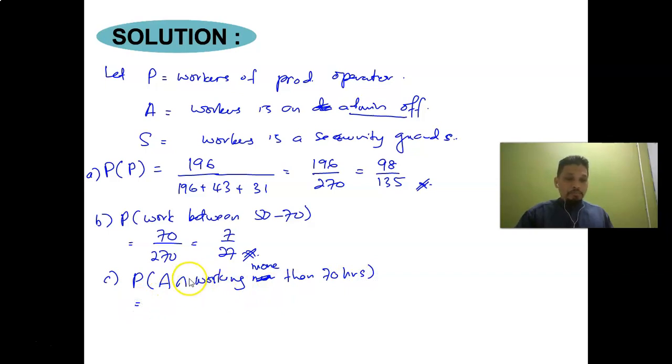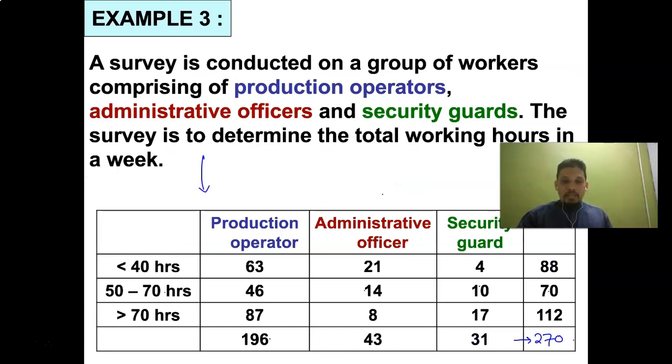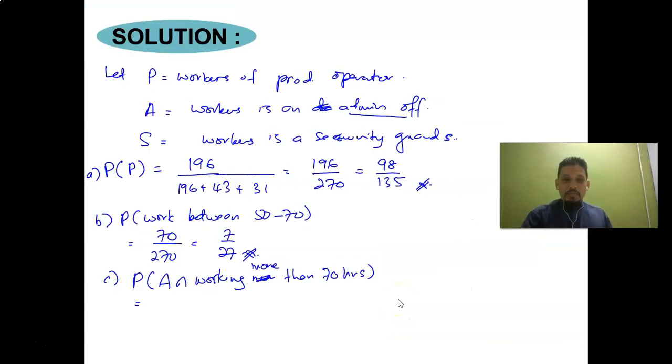Let's see. This is the admin officer row, 21, 14, and 8. The number of admin officers working more than 70 hours is 8. So straight from the table it is 8 divided by 270. Simplify this, equal to 4 divided by 135.